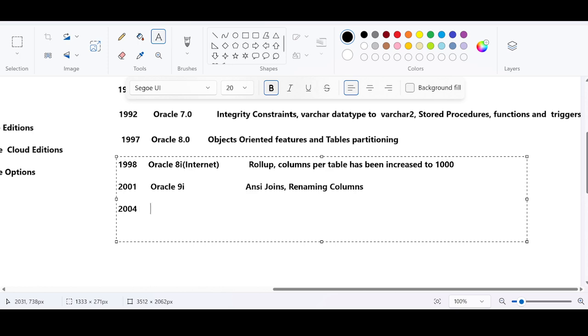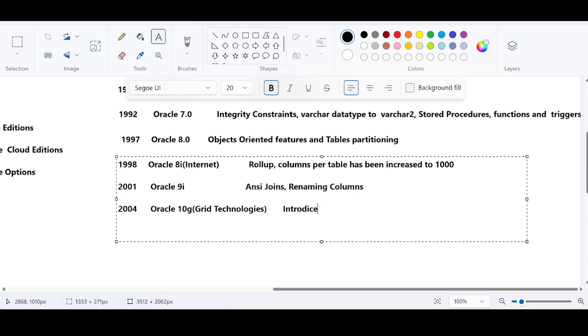Then there is Oracle 10g. The g stands for Grid Technologies. From here they started introducing admin side operations.